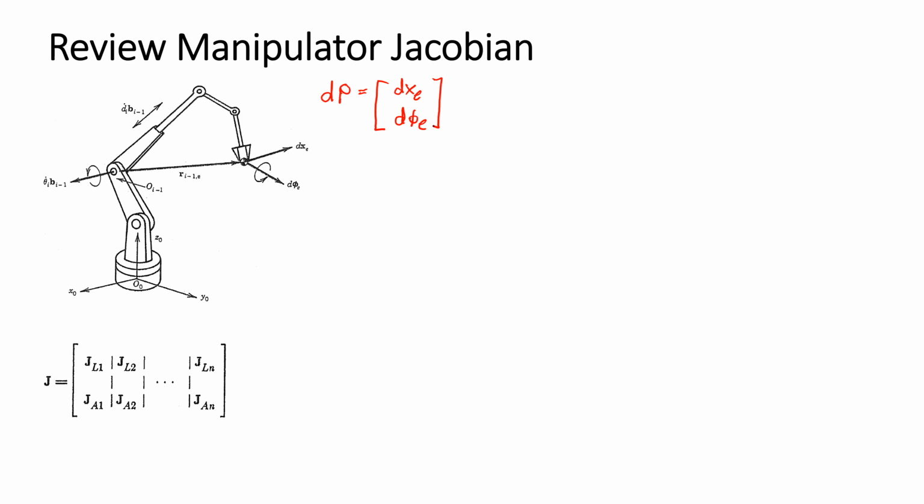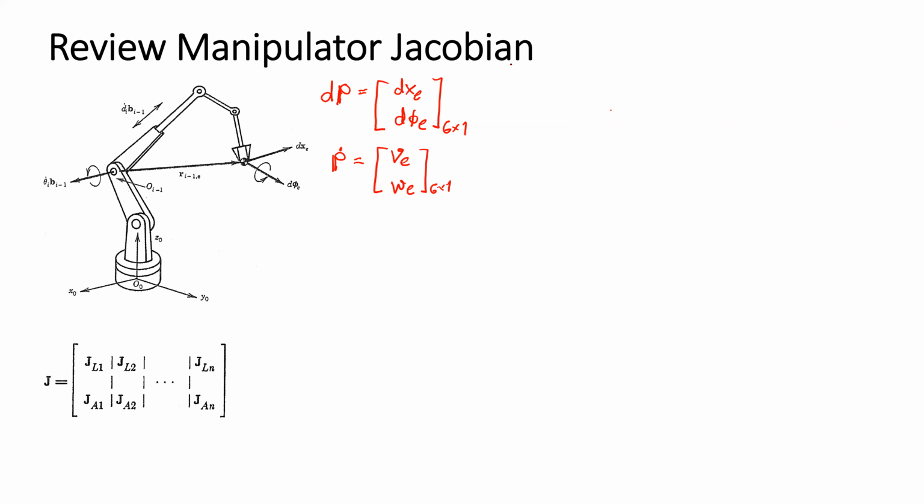And the position vector over time gives us the endpoint velocity and angular velocity at the endpoint. Here is the concept.